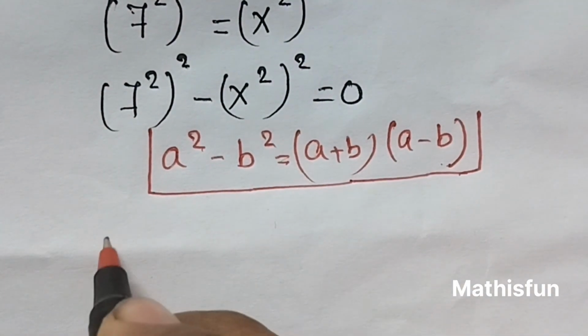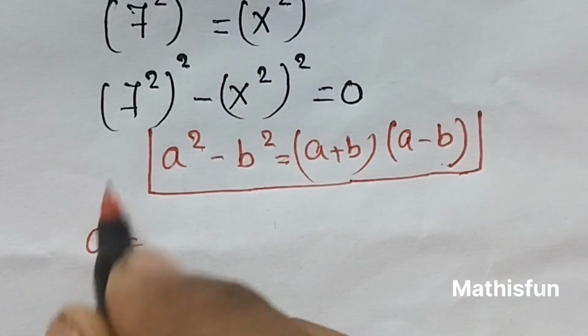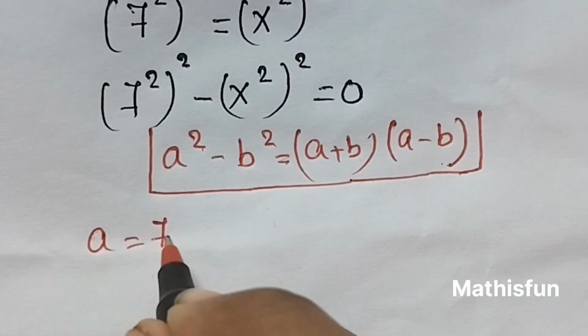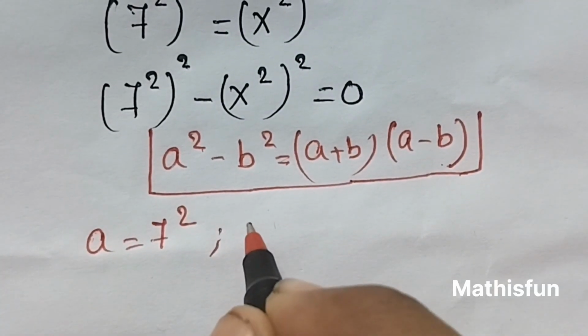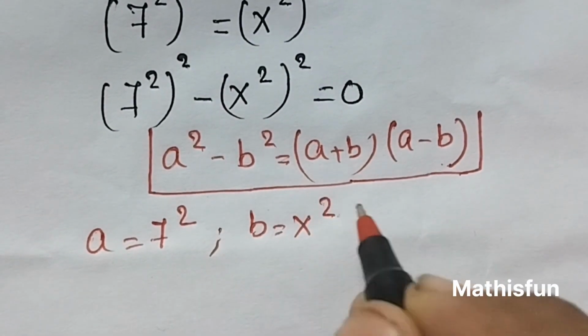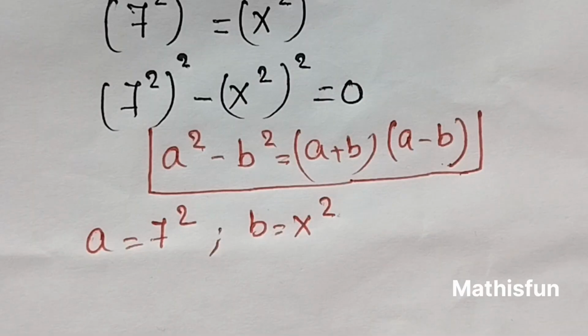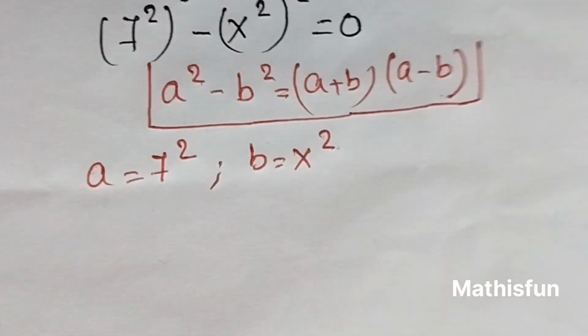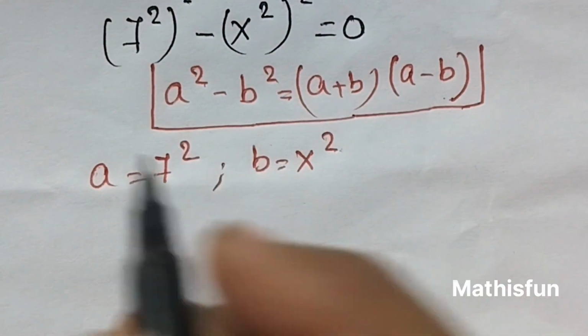Here a is 7 square, and b is x square. Now we'll put the values in the form.